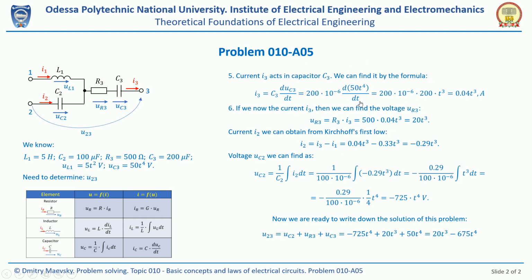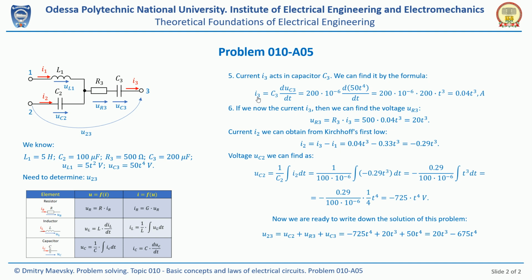We know that the derivative of t to the 4 with respect to t is 4 multiplied by t cubed, and after calculations we have 0.04 multiplied by t cubed. This is the value of current I3.